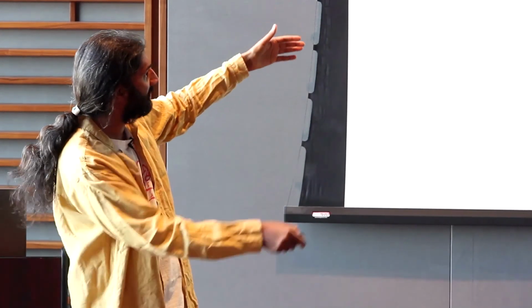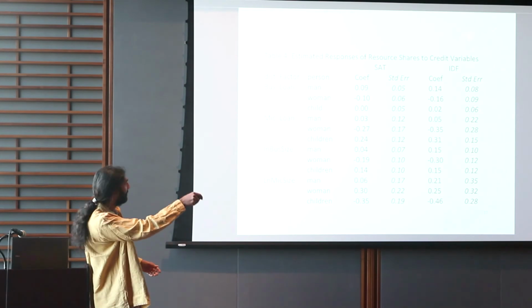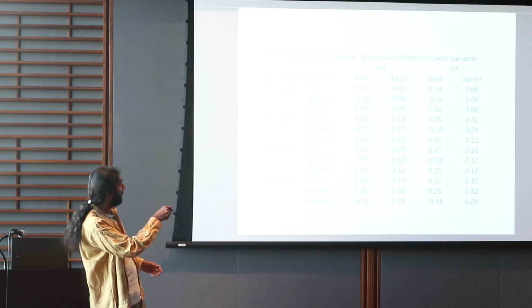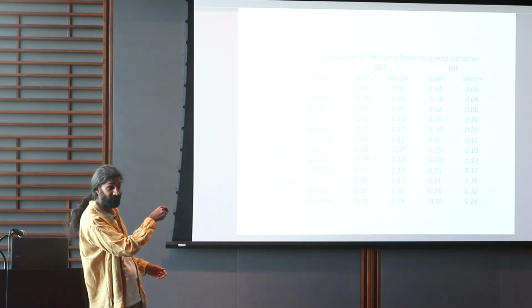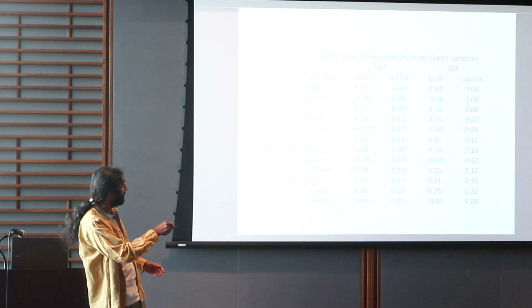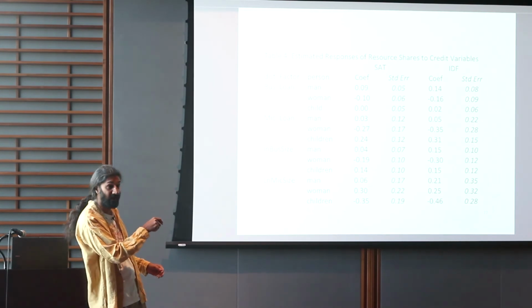This is the credit effects, and I'm just going to focus on what's going on in the last column. These are dummies for whether or not you have a loan from the grocer. This is the dominant form of borrowing in these villages. About 10% of households have a loan from the grocer. About 3% of households have a microcredit loan, and microcredit is almost exclusively aimed at women.